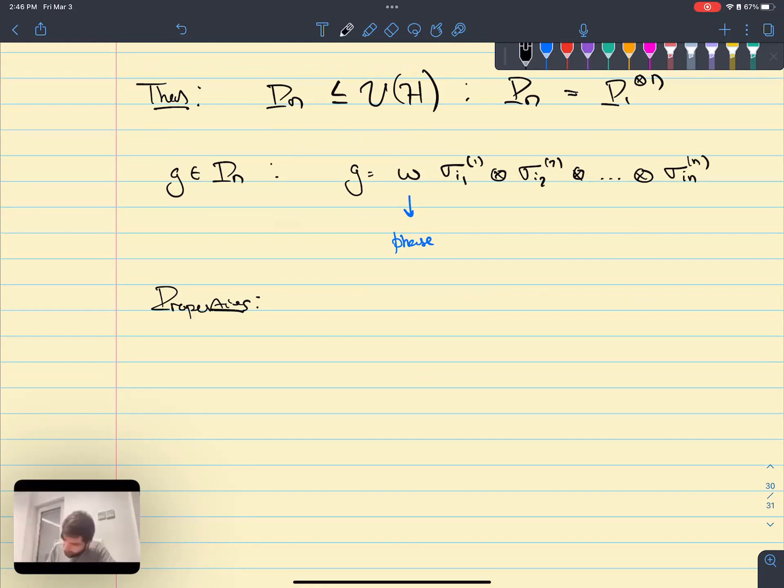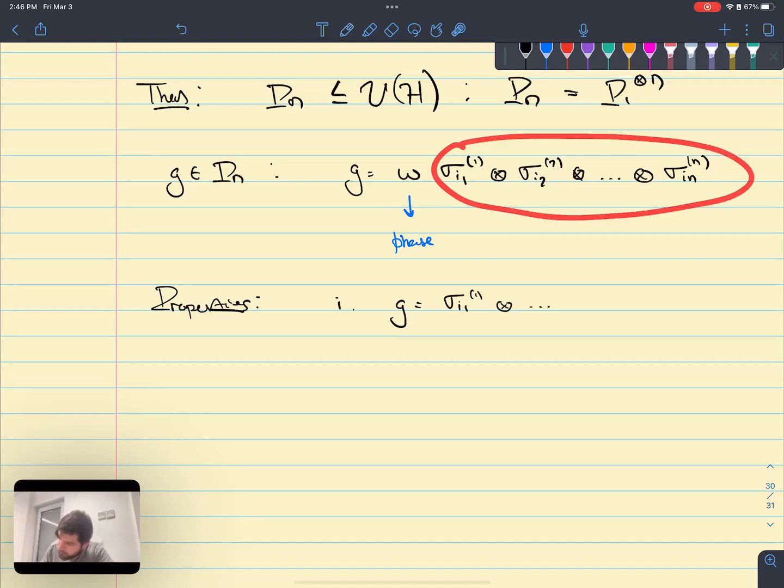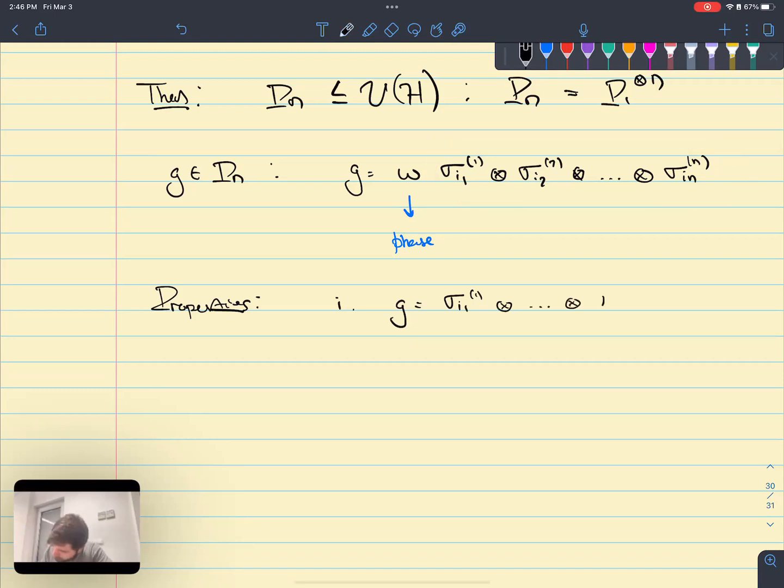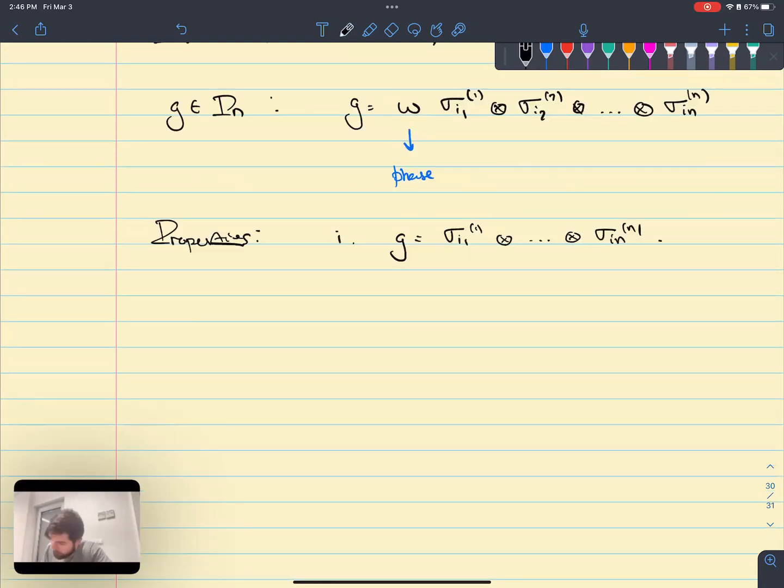If I have G, which is a Pauli operator without any phases out front, just a tensor product of the Paulis I, X, Y, or Z, something like sigma i1 tensored all the way to sigma in, basically the same thing that I had up here, just this part of it, then G squared equals the identity.